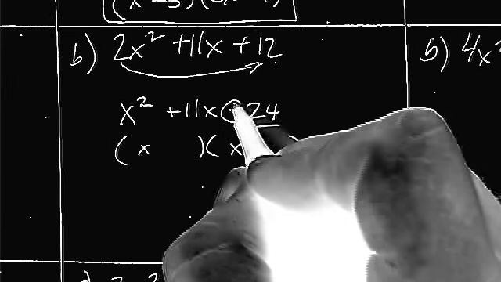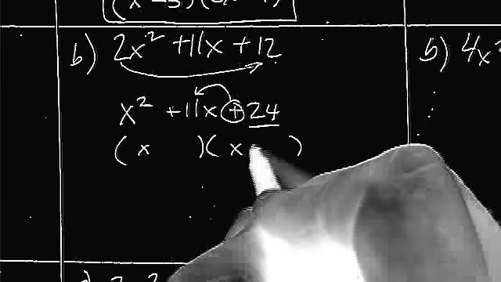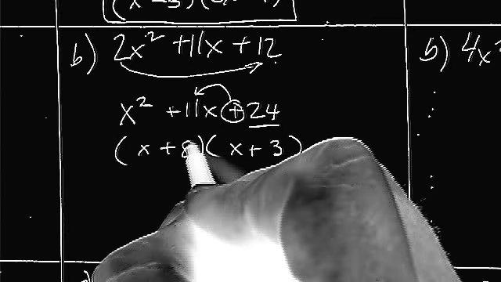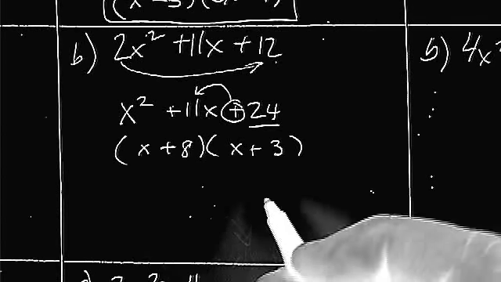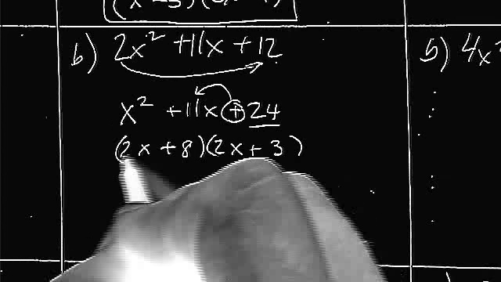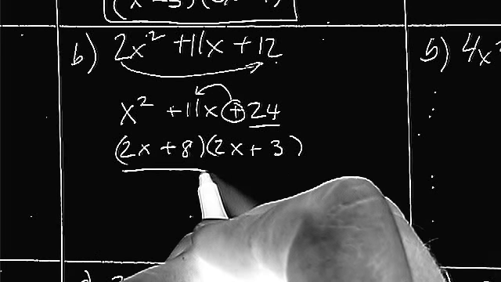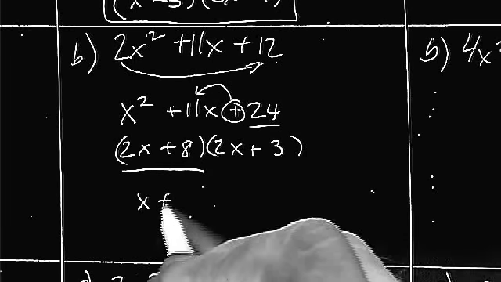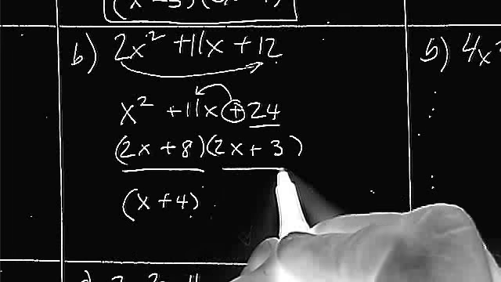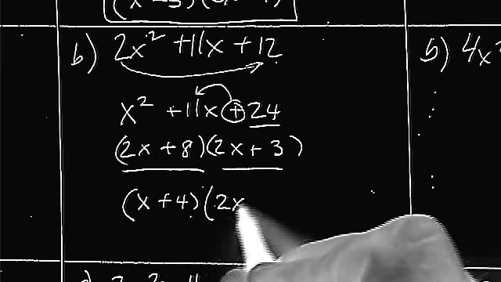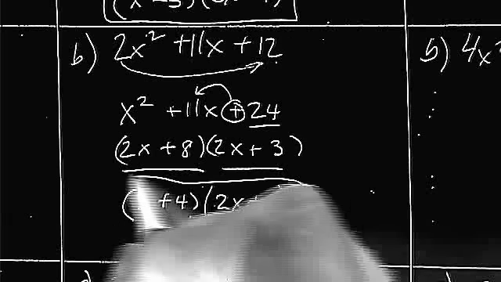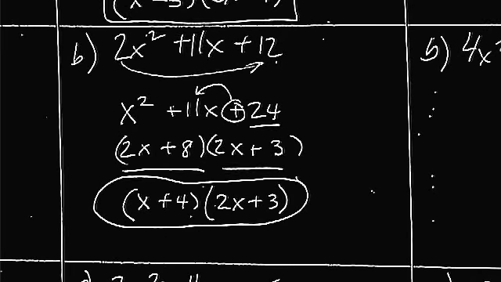Factors of 24 that add up to 11. That would be plus 3 and plus 8. Put the 2's back in front. Now I can look for a GCF. Do I see a GCF inside here? Yes, I do. Pull it out, throw it away. See a GCF there? Nope. And there's my factorization.